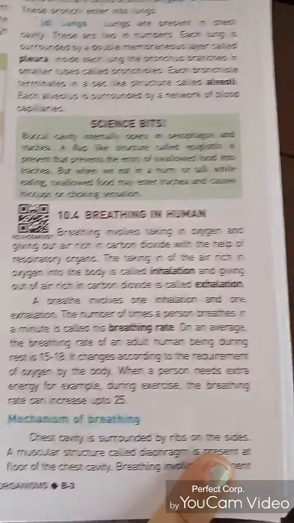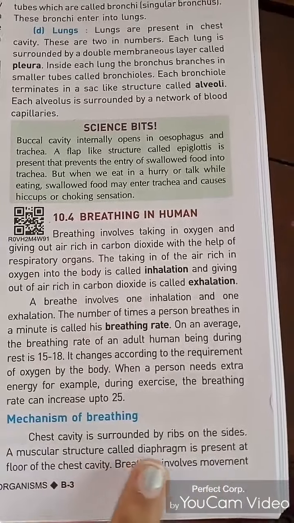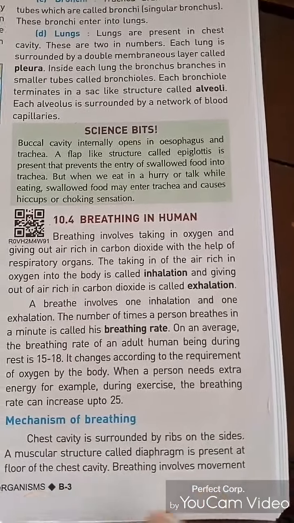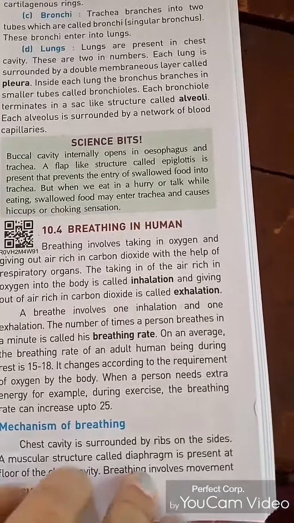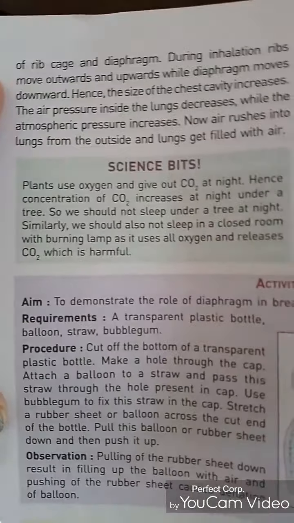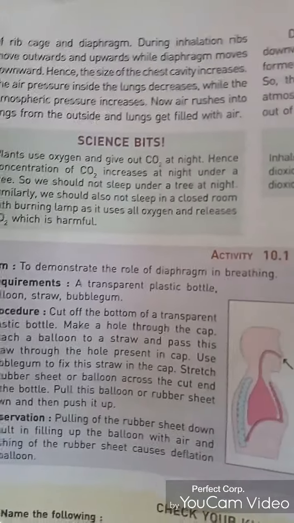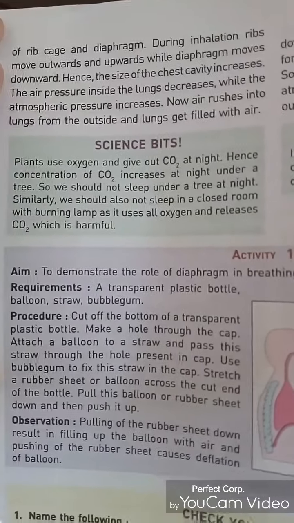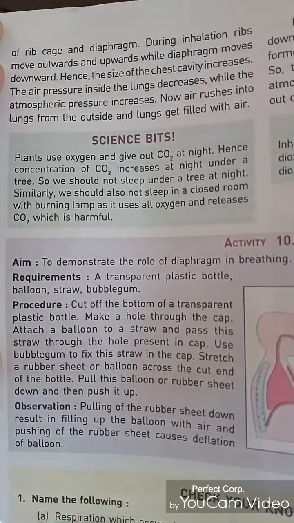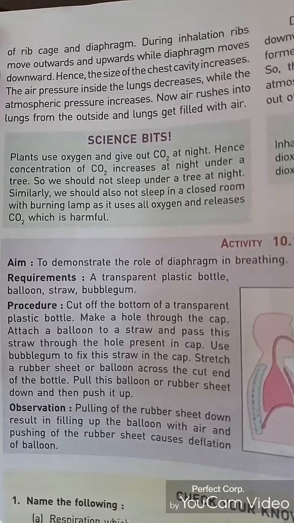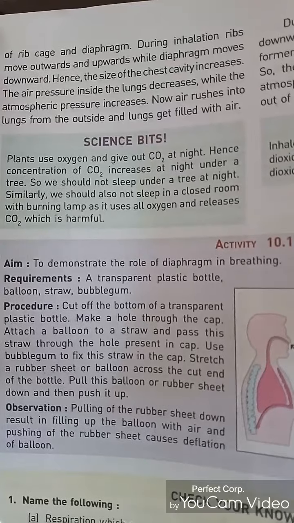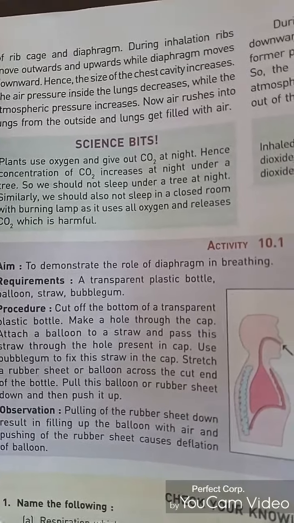A muscular structure called the diaphragm is present at the floor of the chest cavity. Breathing involves movement of the rib cage and the diaphragm. During inhalation, ribs move outward and upward while the diaphragm moves downward. Hence the size of the chest cavity increases.